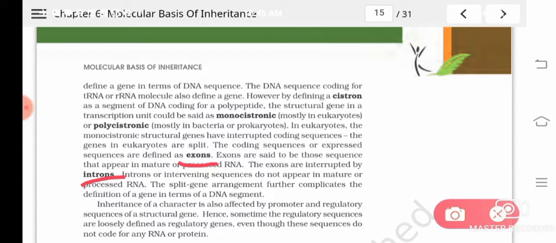Introns, or intervening sequences, won't appear in the processed RNA. After RNA formation, processing is done, which I am going to tell you about. So introns will not appear in the mature or processed RNA.